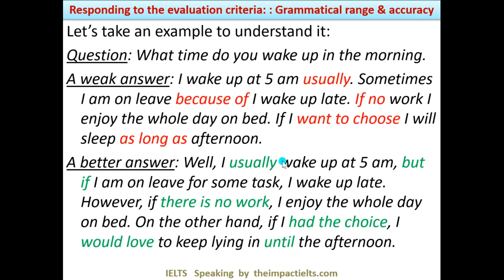You can see here, first simple present, then conditional sentences, and now I'm using conditional again, but this time imaginary conditionals: if I had the choice, I would love to keep lying in until the afternoon. So this is the right use of grammatical devices, complex sentences, different types of grammatical devices. Variety was there, complex sentences are there, accuracy was there. So you will get the maximum band score in this, right?